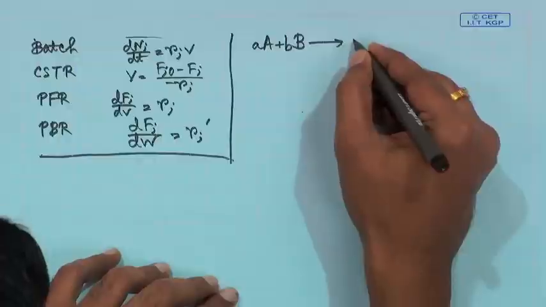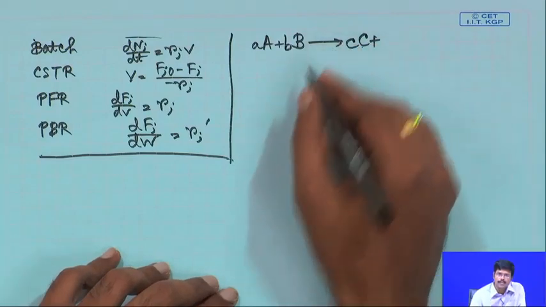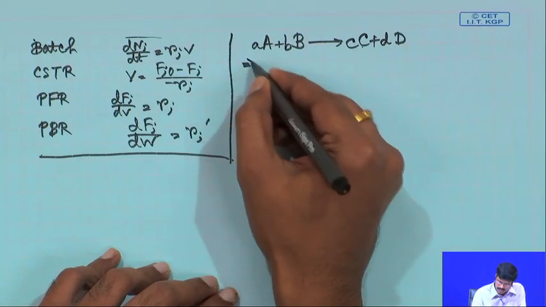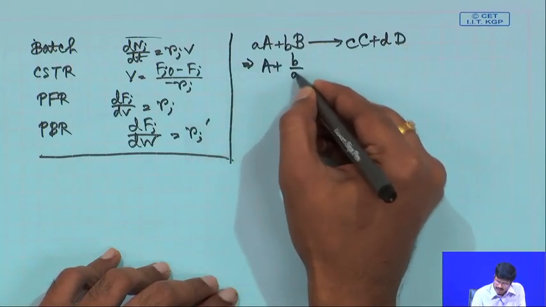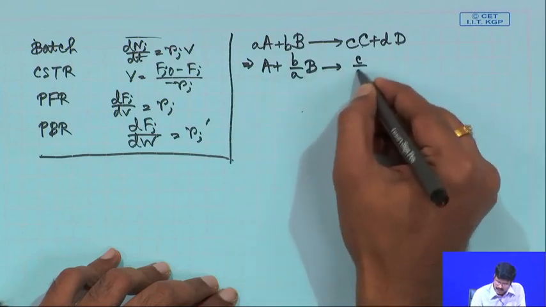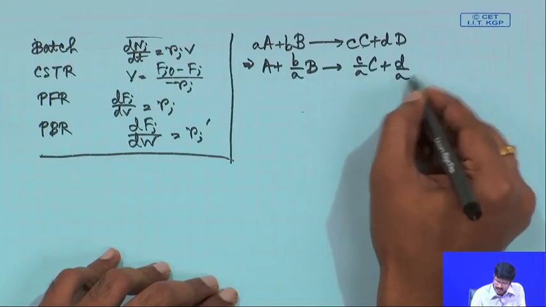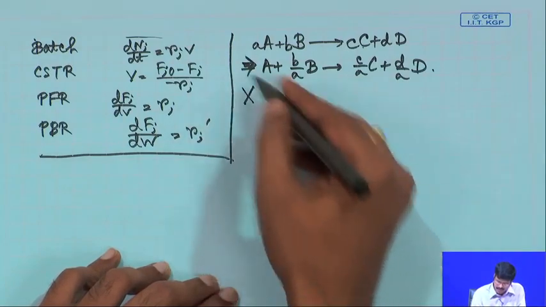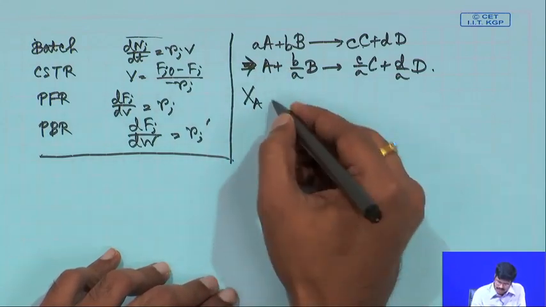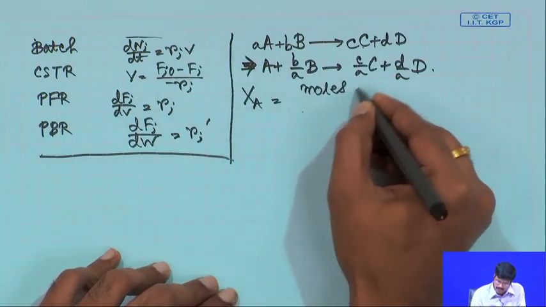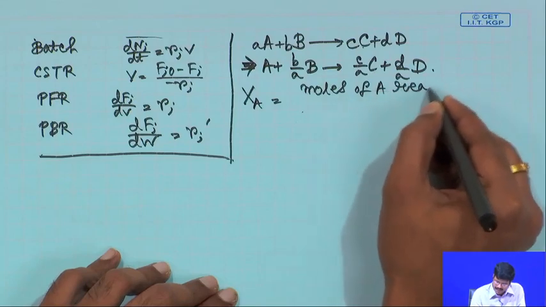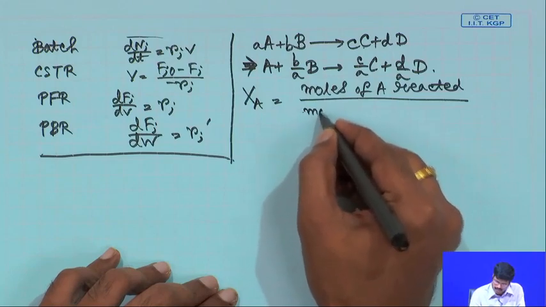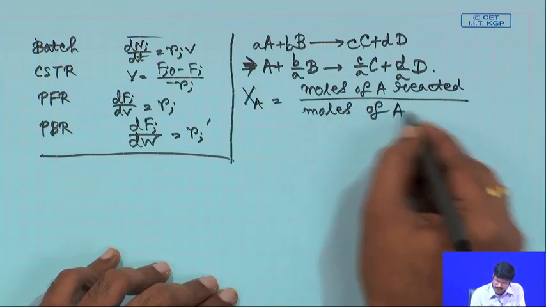So, this is the reaction, let us say you are considering this particular reaction: A plus b B gives c C plus d D. So, the conversion based on A as the basis is equal to moles of A reacted divided by moles of A fed.